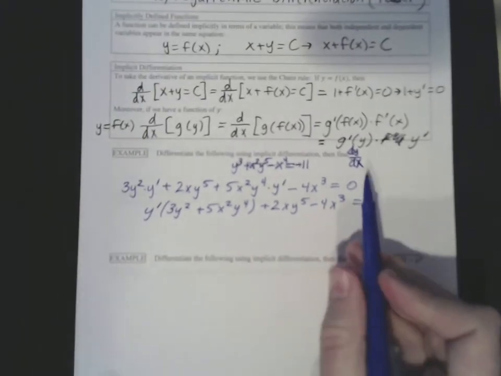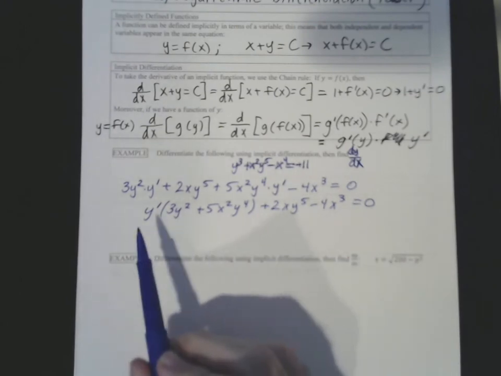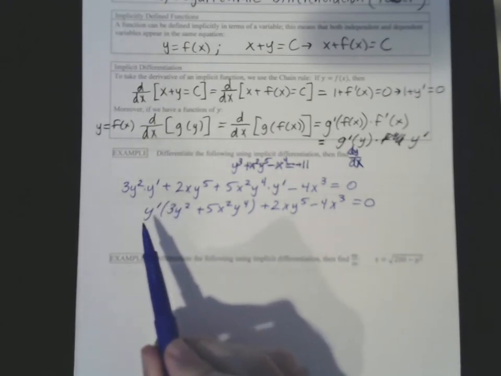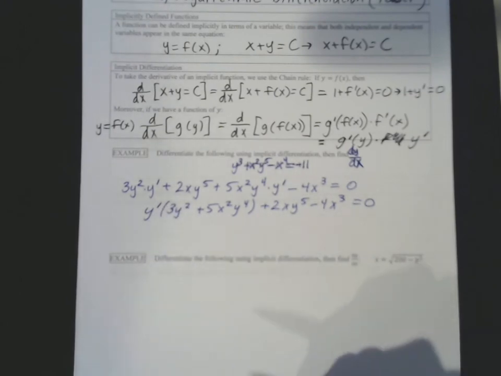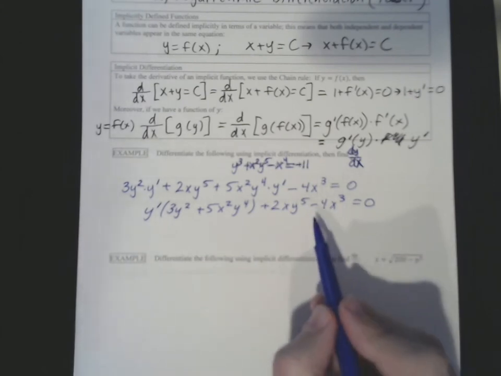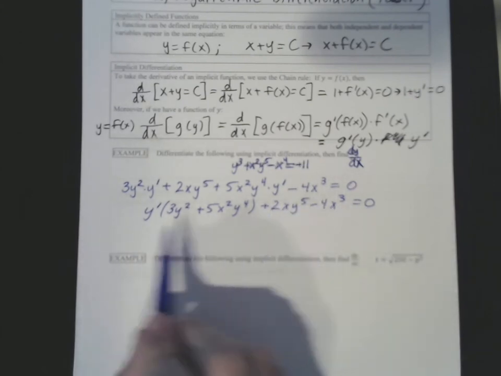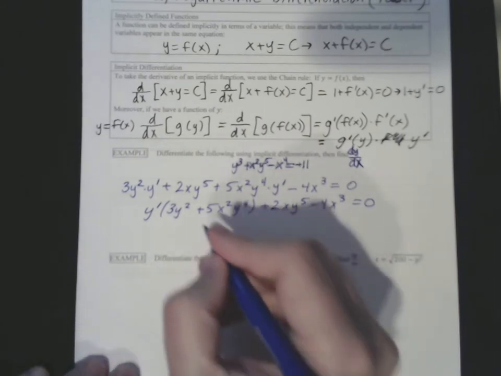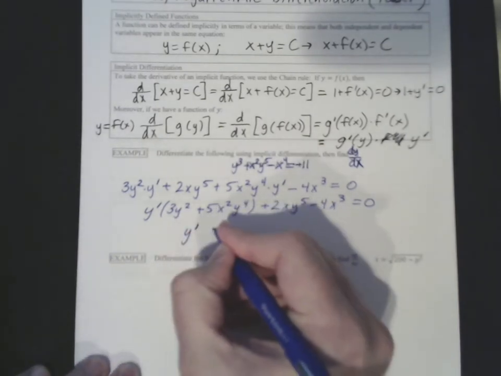So when you're finding dy dx with these implicit derivatives, you always have to factor that out, and then you're just solving for y prime, is essentially what the last of the problem is. So we are adding and subtracting these terms, and then going to divide by this. So I'm going to do it all in one step.